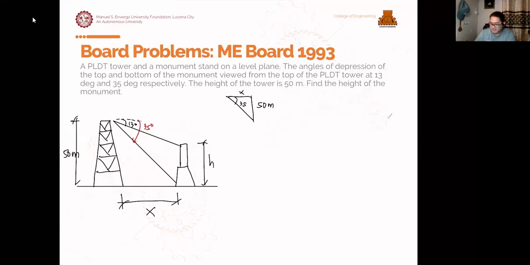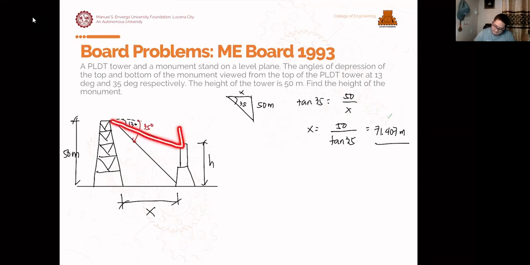So opposite adjacent, so tangent of 35, that will be 50 over x, or x is equals to 50 over tangent ng 35. That is 71.407 meters.